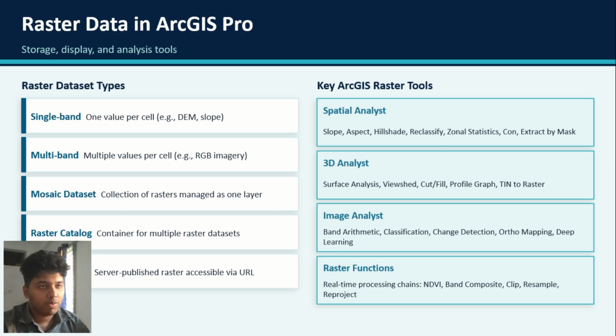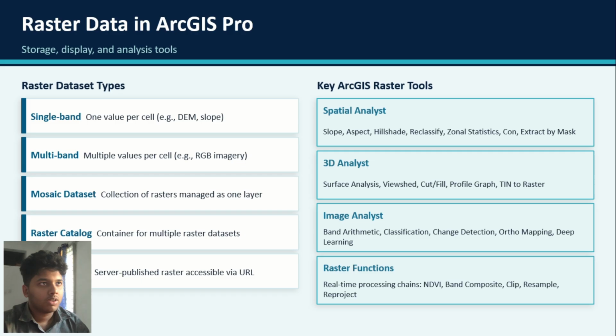If I want to make a landscape cover of Khulna, I have to mosaic 5 landscape images to get the exact cover of Khulna. We have a raster catalog, a catalog that contains multiple raster data sets. We have an image service, where a server publishes raster via URL.